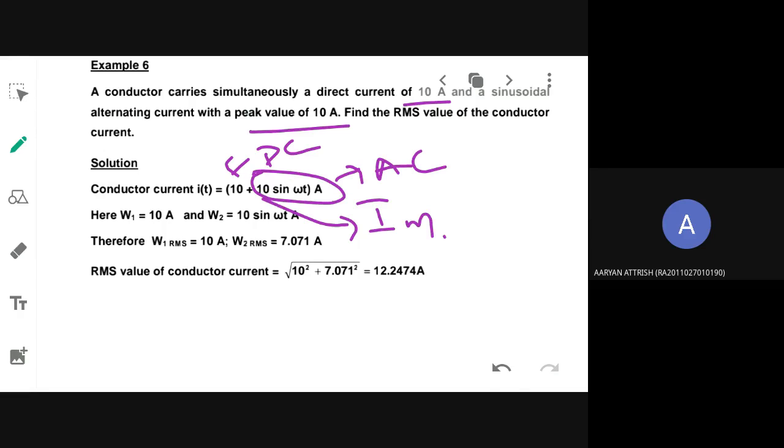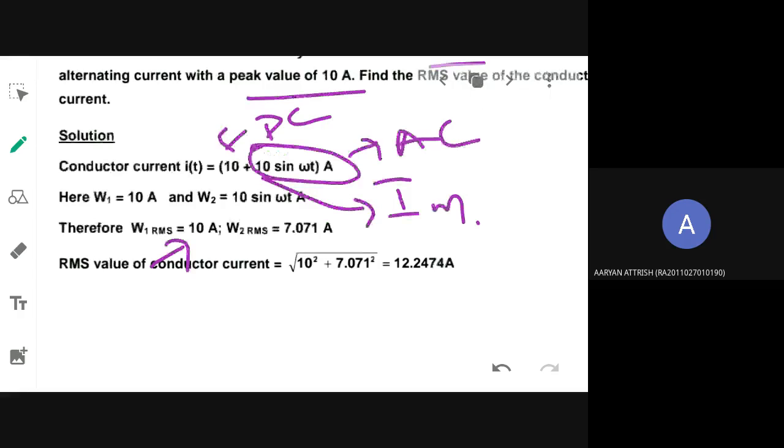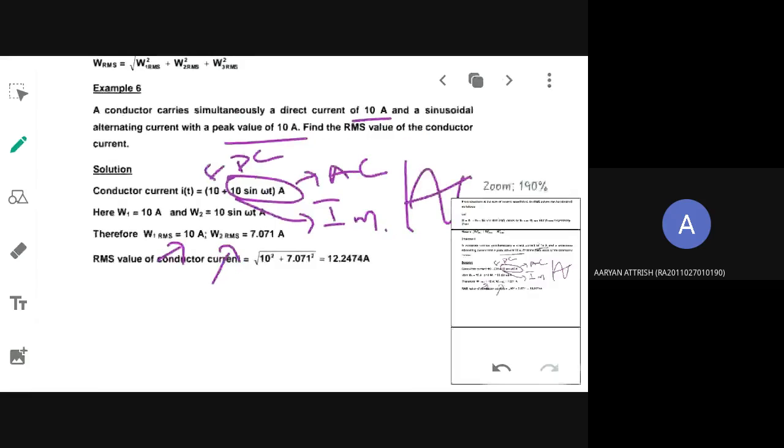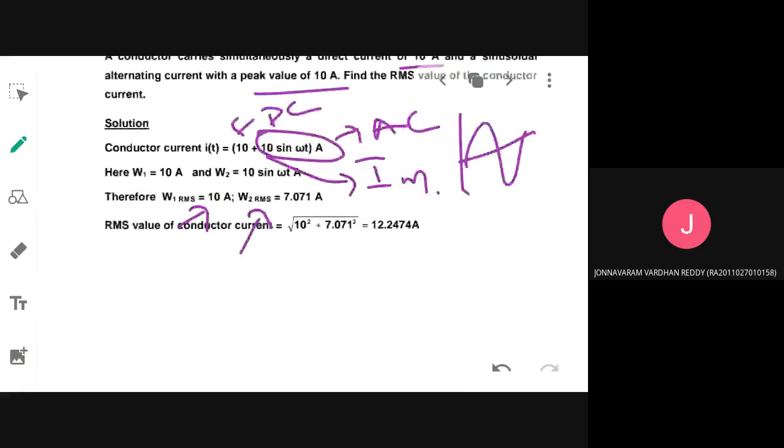For DC the RMS value is 10 itself, but for AC what is the RMS value? It is an alternating current. So what is the RMS value that you have determined? IM divided by square root of 2. So what is the IM value that is given? 10 divided by square root of 2. So what's the answer?